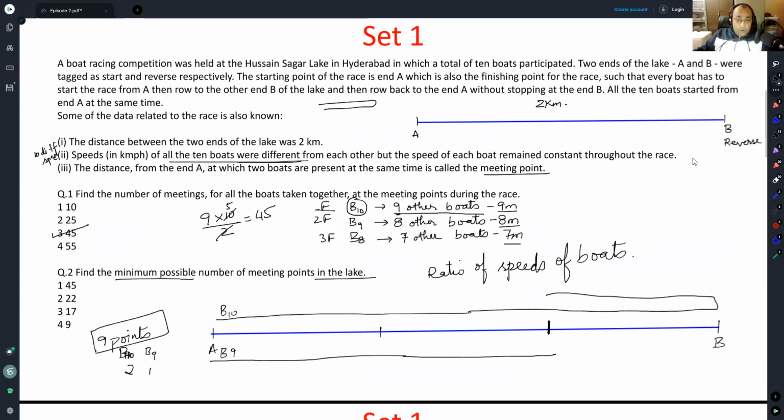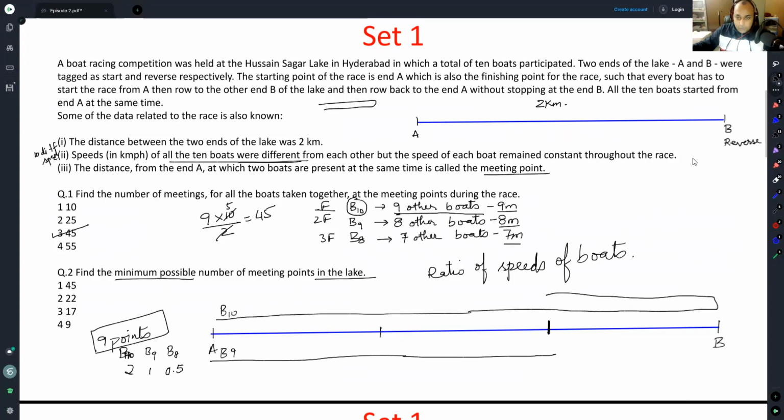Now, if I want to ensure that the minimum possible number of meeting points take place, what I would also want is speed of boat 8 to be in the same ratio as the ratio of boat 10 and boat 9 speed. So let's say speed of boat 8 is 0.5. So the ratio of 2:1 and 2:1 is maintained.